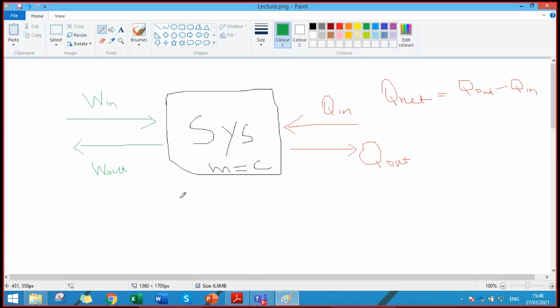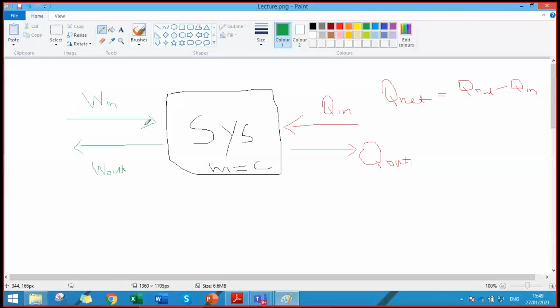Then heat would be reversed. It is not like that, sir, work in is, terminology, positive. Work done on the system is positive and work out from the system is negative. As far as I remember, work output by the system is considered as a positive thing. Yes, sir. Right? Work done by the system is positive and work done on the system is negative.